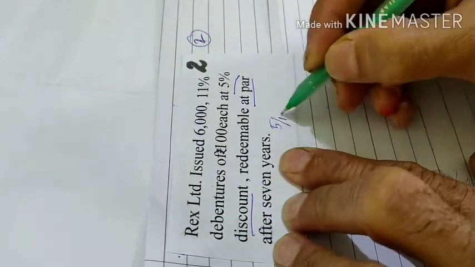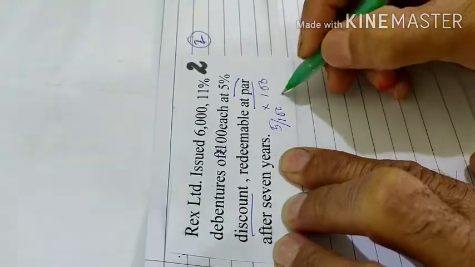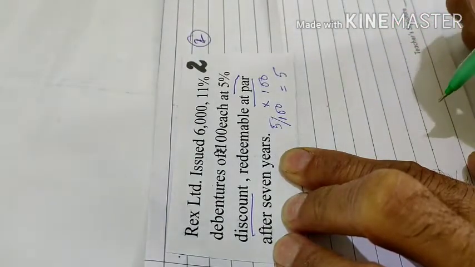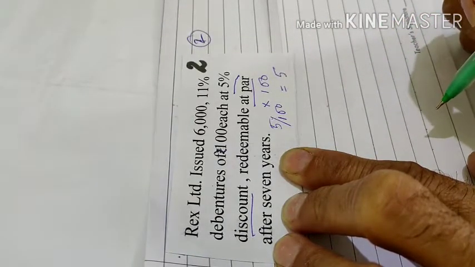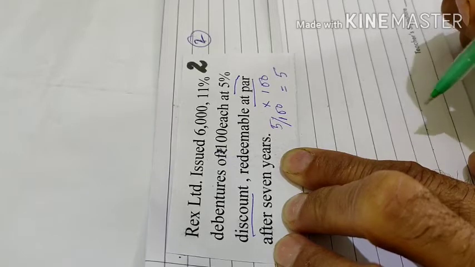The discount is 5%. So 5 by 100 into face value will give you 5 rupees. So the discount is 5 rupees and the face value is 100. What is the amount collected by the company? Yes, it is 95 rupees.